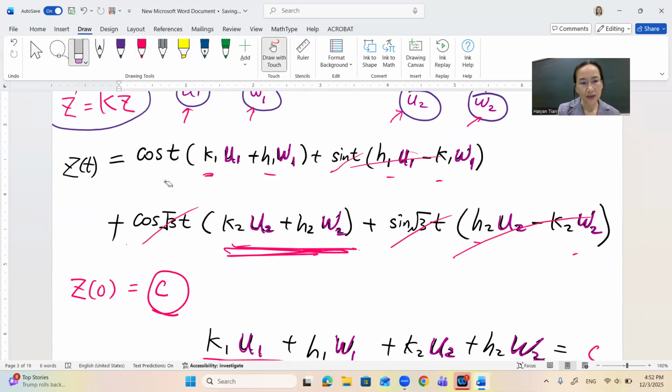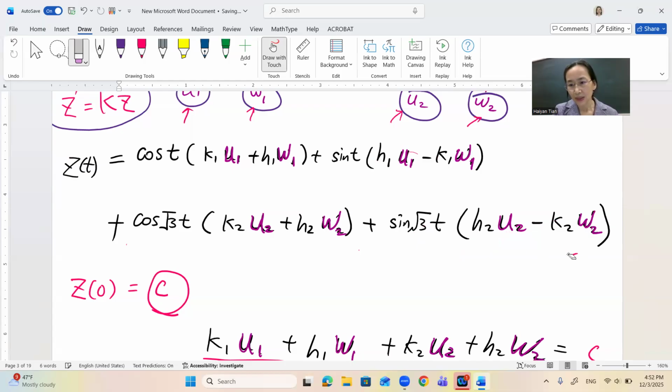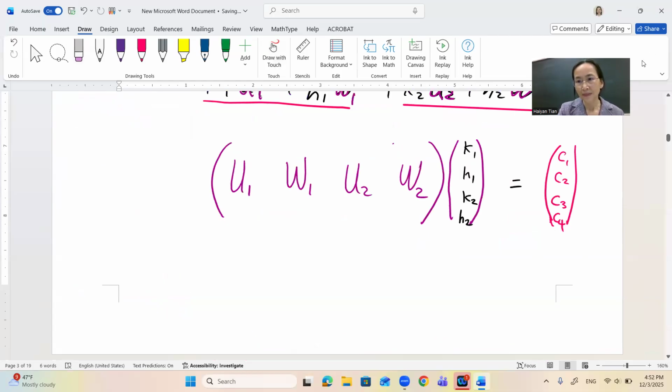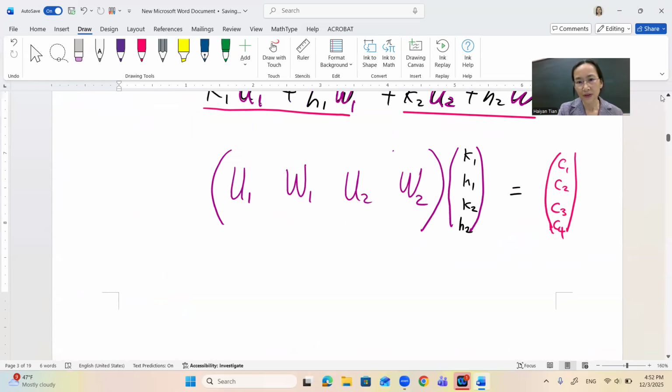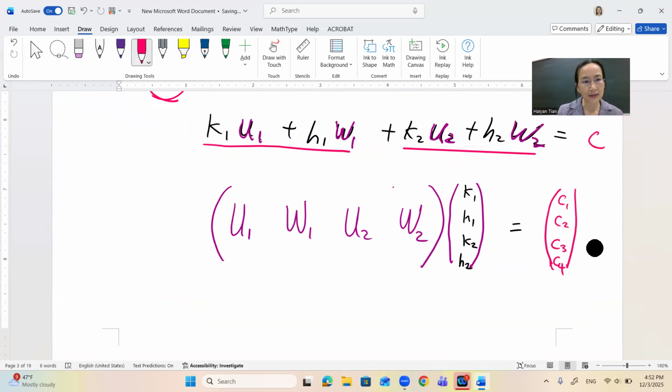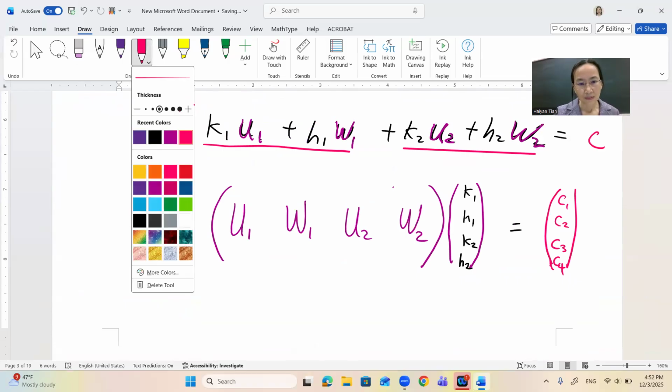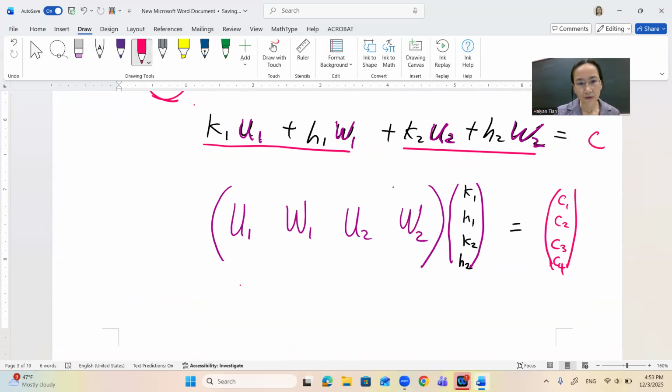Yeah, so this Z is a general solution, right? That's the form of any solution. But if you have initial data, you will be able to determine a particular solution that will satisfy initial data. So once we solve the system, realize the system is, I put the 4 columns.